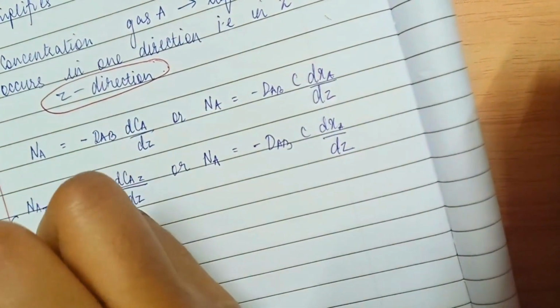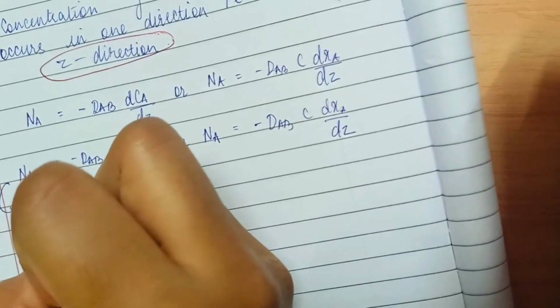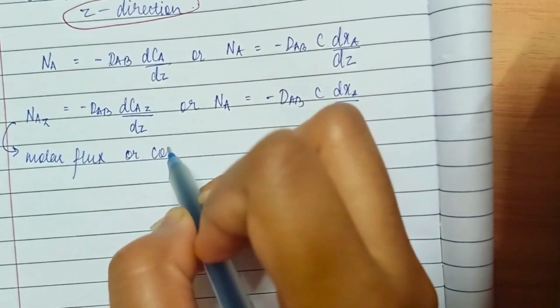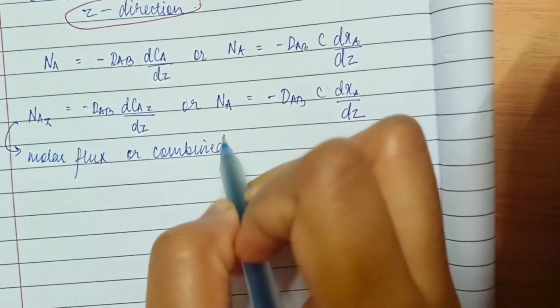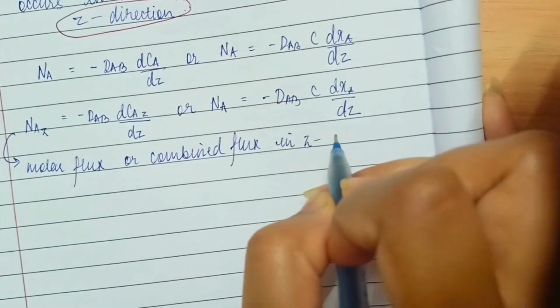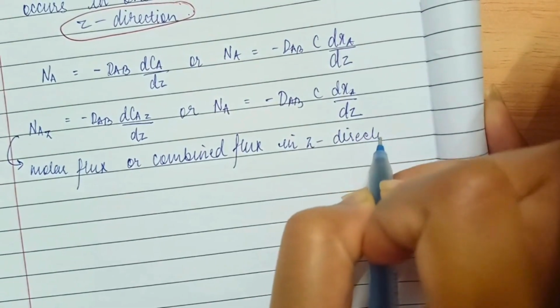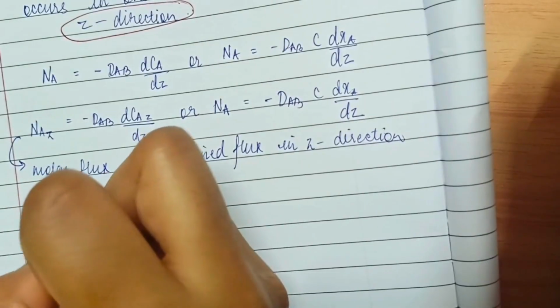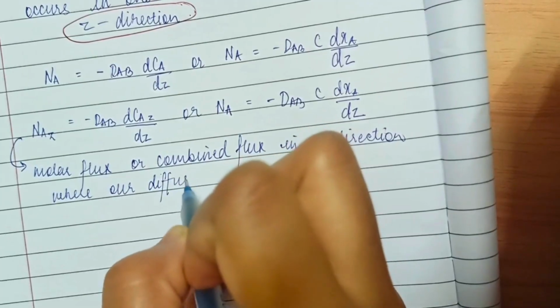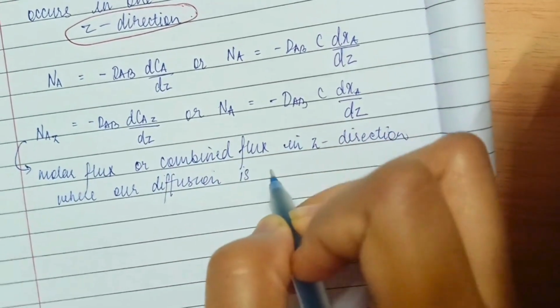So, this is nothing but the molar flux or combined flux in Z direction, where our diffusion is occurring.